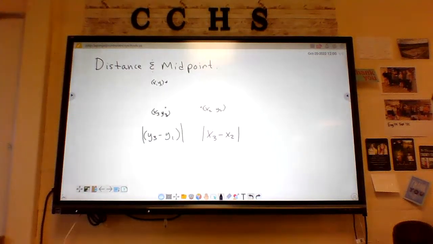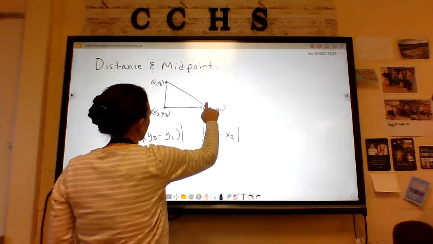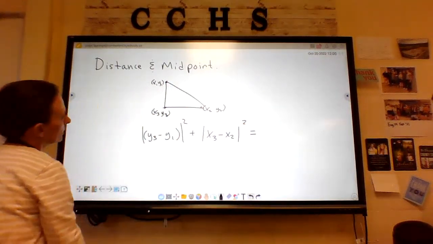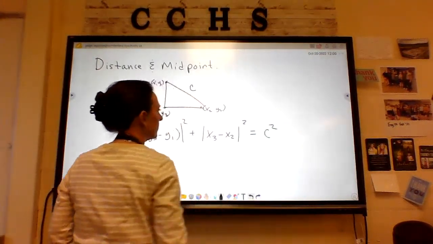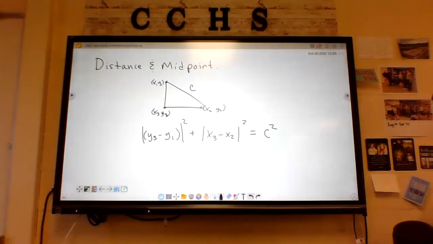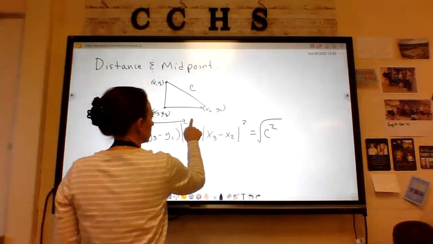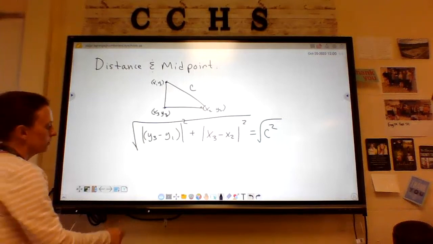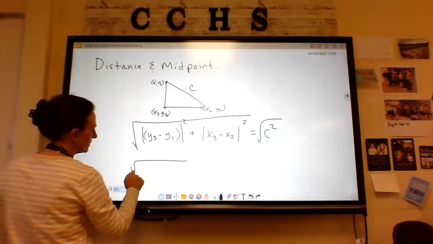If you have a triangle, you know that the length of that and the length of that, if you square them and add them together, that's going to equal the length, we'll call this side C, right? And so if I take the square root of both sides, then I'm left with the square root, and it doesn't matter if you use x's or y's first.